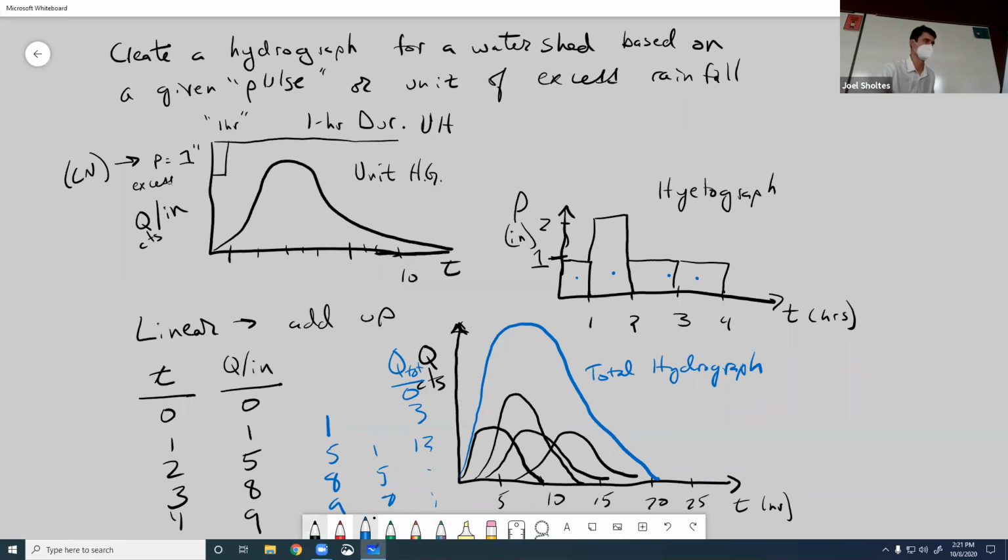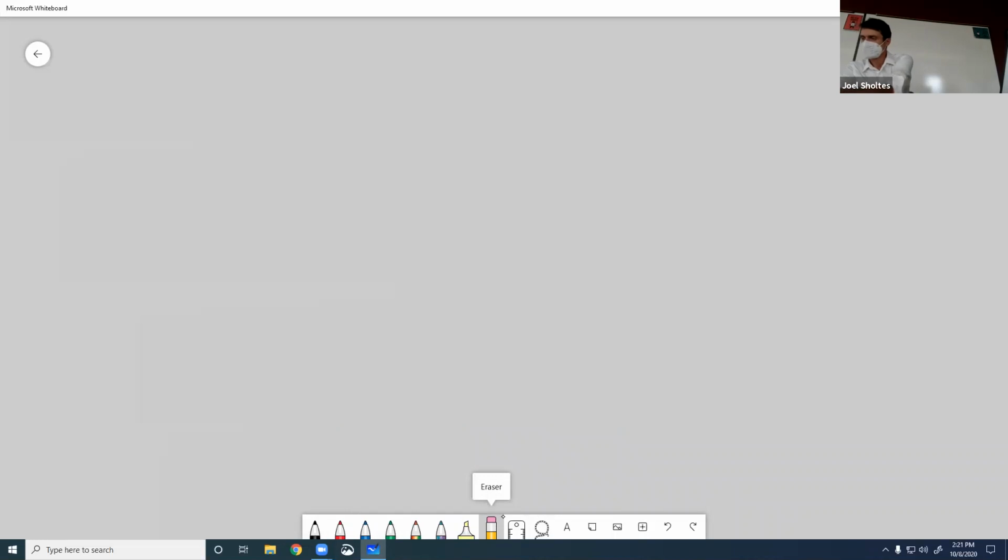Let's talk about how you would actually derive this from data. So, deriving a unit hydrograph.